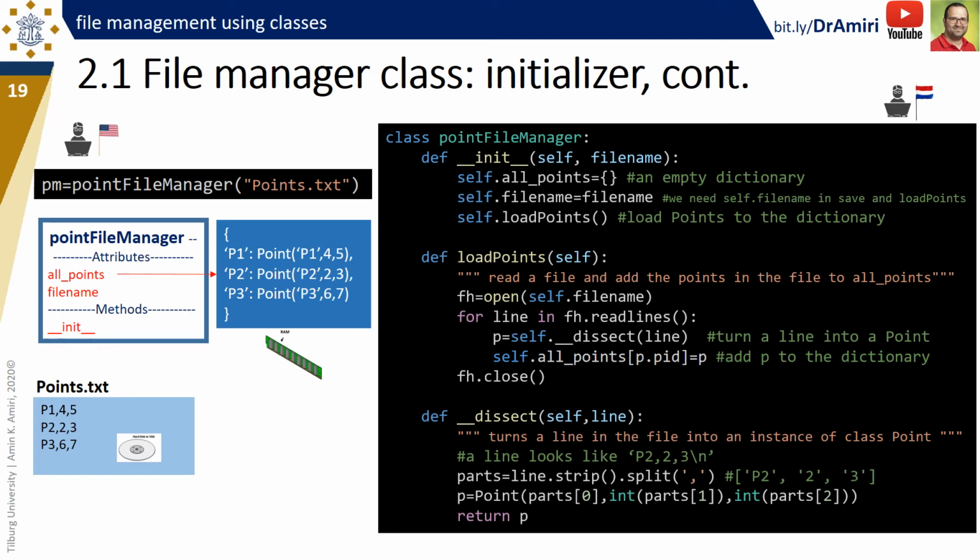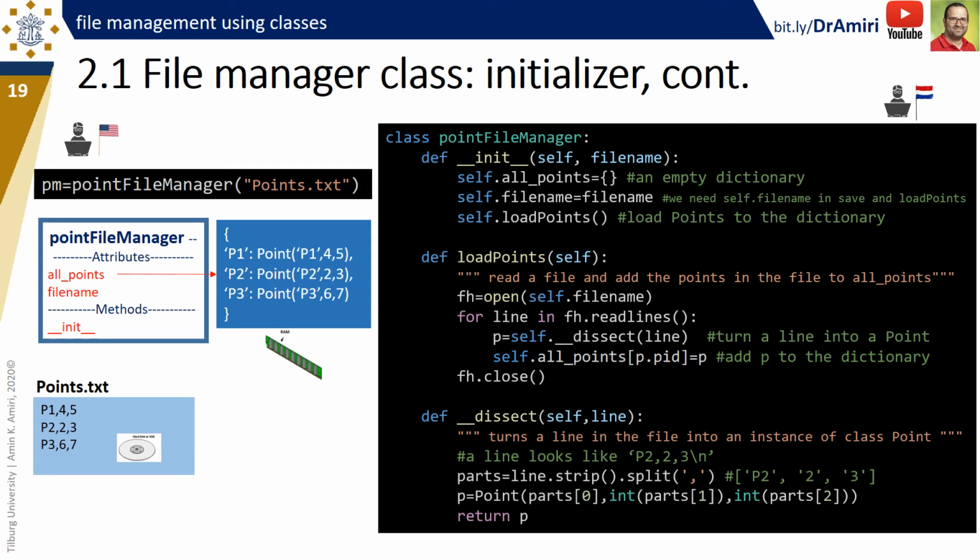I use a private method, dissect, to do that. Shortly I will provide you with the details of this, but assume that this has been done, and p, which is an instance of that class Point, is created. Now I can easily add that to the dictionary all_points, giving the PID as the key and p as the value, and then I need to close the file.